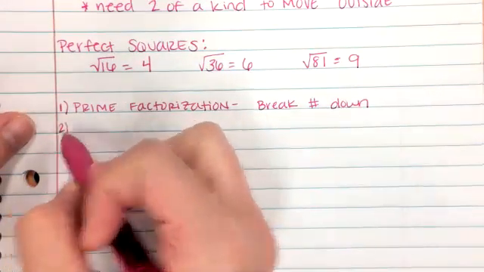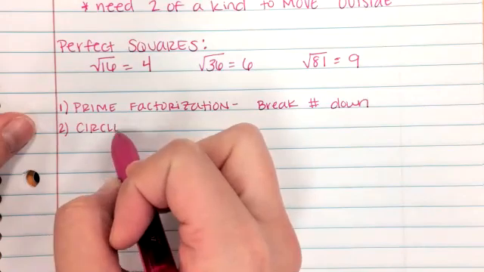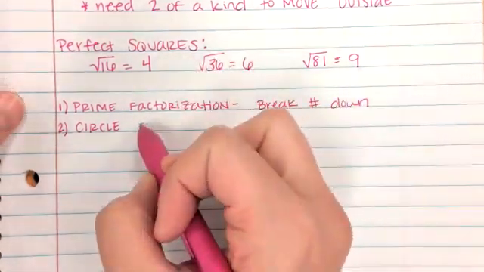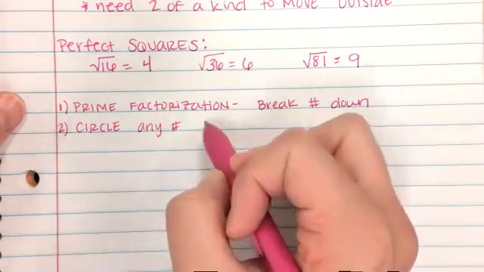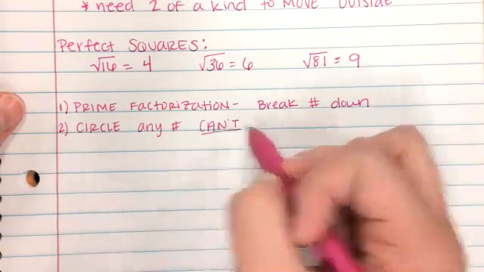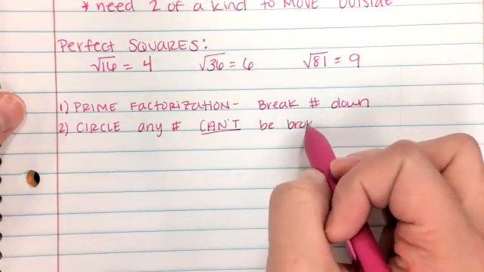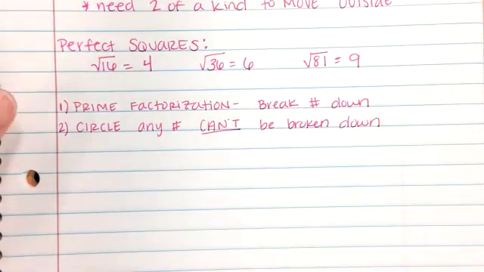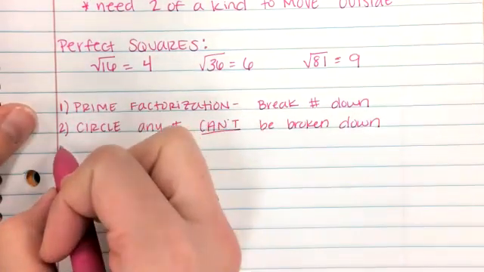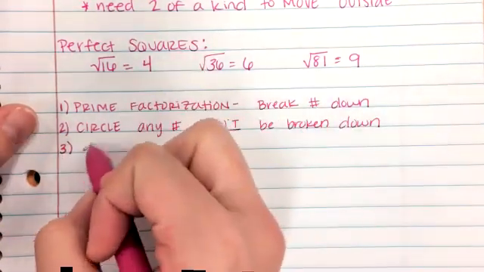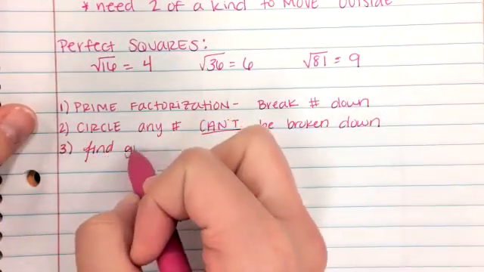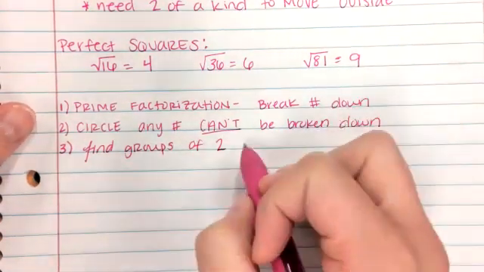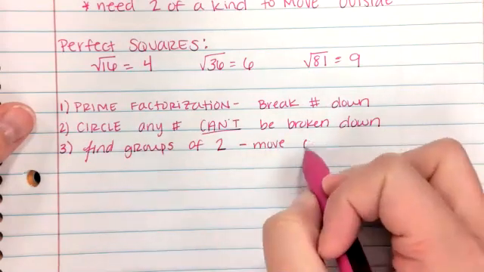Step number 2, you're going to circle or highlight or box or use a color, doesn't matter. Circle any number that can't be broken down. And step number 3, you're going to find groups of 2 or 2 of a kind to move outside. And I'll show you what all this means.